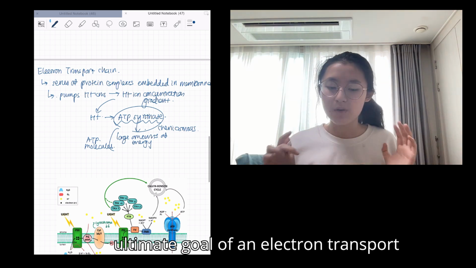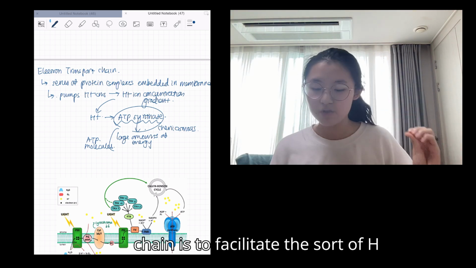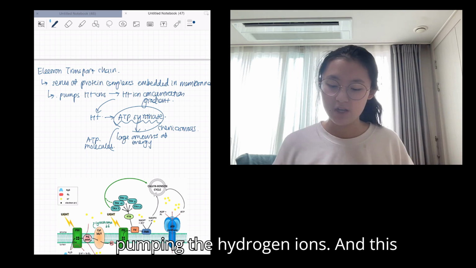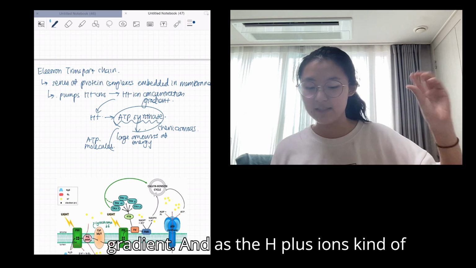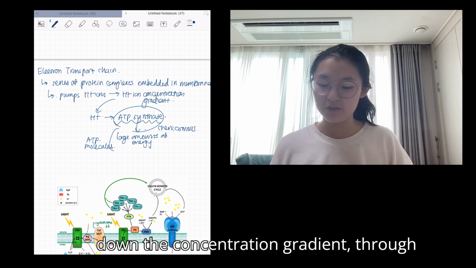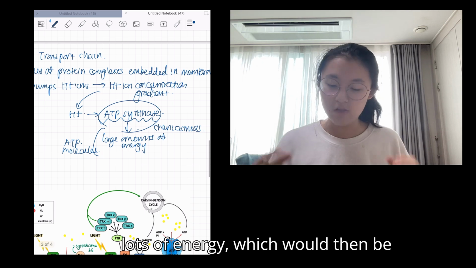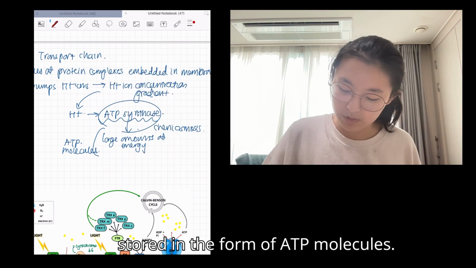So I guess the ultimate goal of an electron transport chain is to create an H plus ion concentration gradient by pumping the hydrogen ions. And as the H plus ions move down the concentration gradient through the ATP synthase, we get lots of energy, which is then stored in the form of ATP molecules.